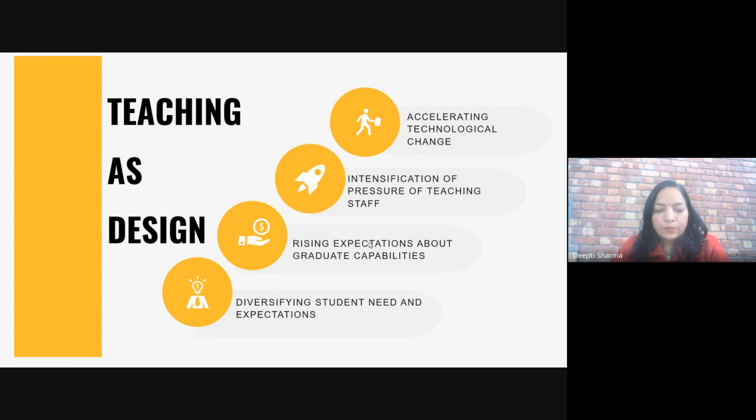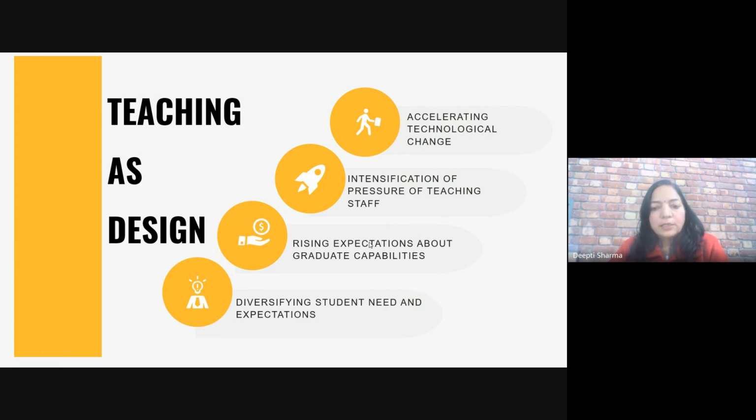First is diversifying the students' needs and expectations, because nowadays students have very diverse understanding, and their needs and expectations are very diverse too. Faculty members should understand this, and we can only do that by empathizing with our students, and through the ideation process. So we should include design thinking into this.